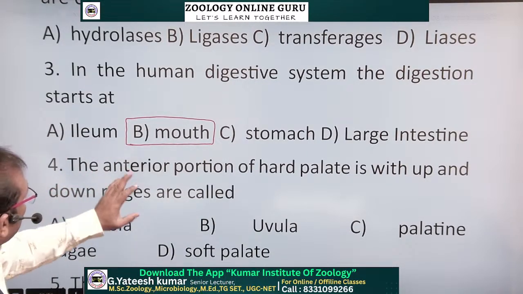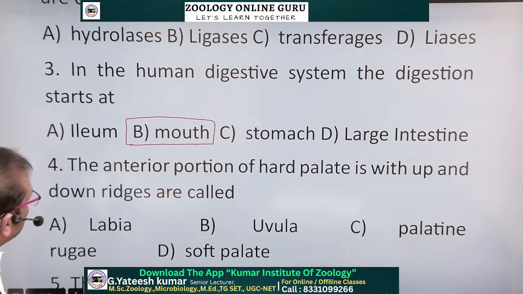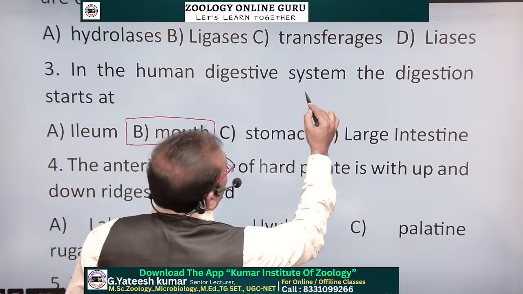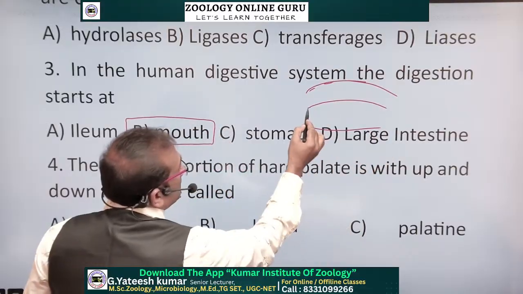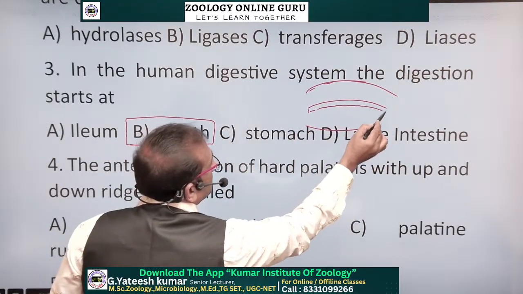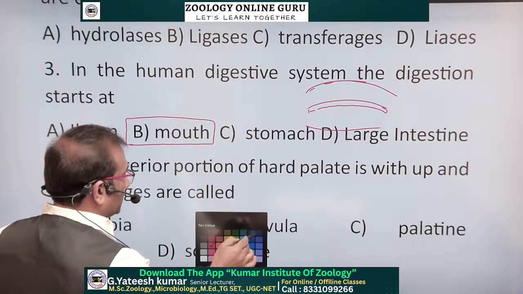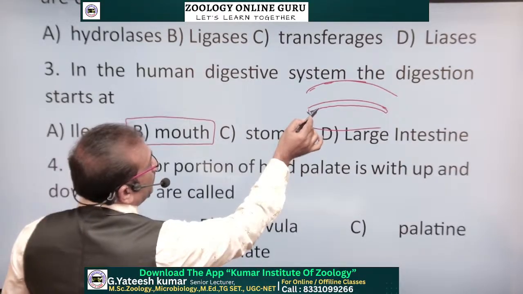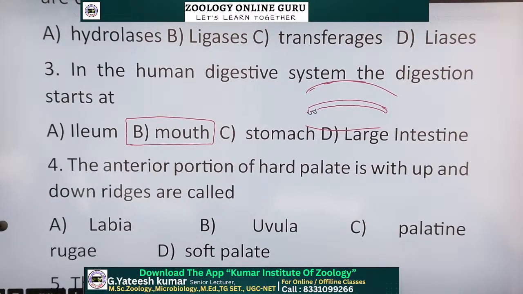Question 4. The anterior portion of the hard palate has up and down ridges. These ridges are known as what?